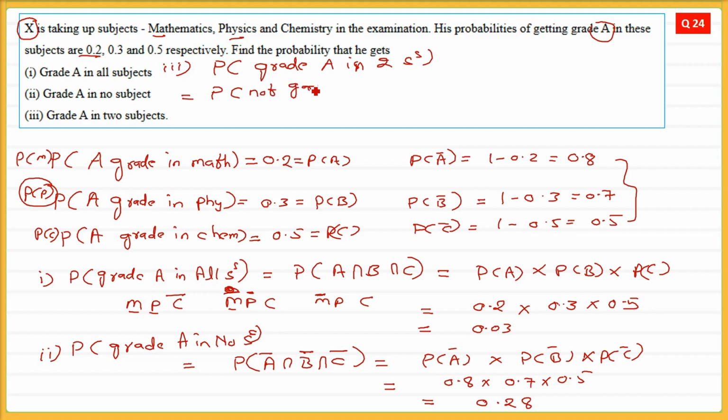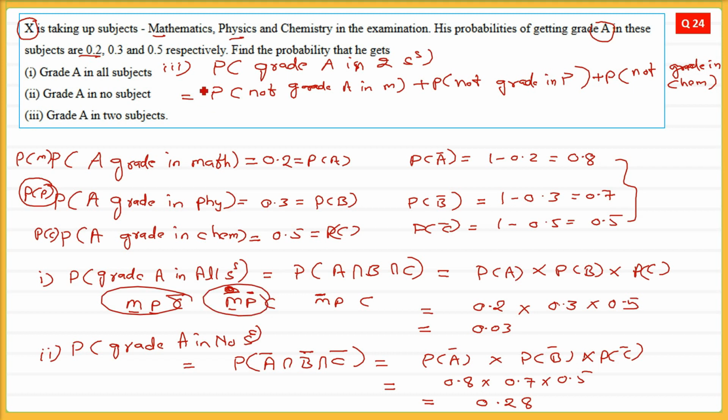So this will add up to 3 different probabilities. First one is not getting grade A in mathematics. The second one will be not getting grade A in physics, and the third one will be not getting A grade in chemistry. So this I already showed you. Just combine them or write them in a proper A, B, C manner.